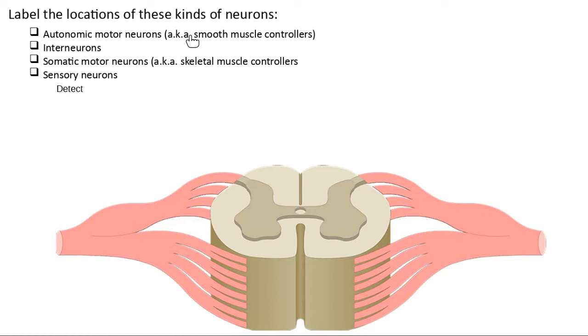If we should have a response with our smooth muscles. Remember, smooth muscles are found inside hollow organs, like the digestive tract, like blood vessels. That's where I find what are called autonomic motor neurons, or sometimes we call them visceral motor neurons. Visceral means we're inside an organ. So sometimes my processor says, yeah, we need to make your stomach churn.